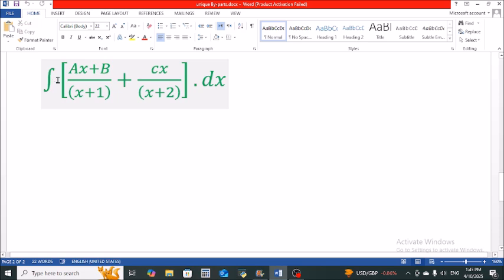So this is our proposed form of integration, where we divided the original integration into these two simpler integrations according to the rules of partial fractions, and we will substitute the values obtained for a, b, and c and start performing our integration.